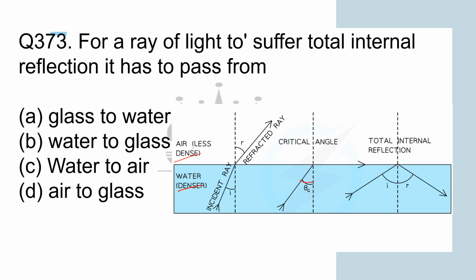If these two conditions are satisfied, then total internal reflection occurs. The answer is water to air, because the ray travels from the denser medium to the rarer.